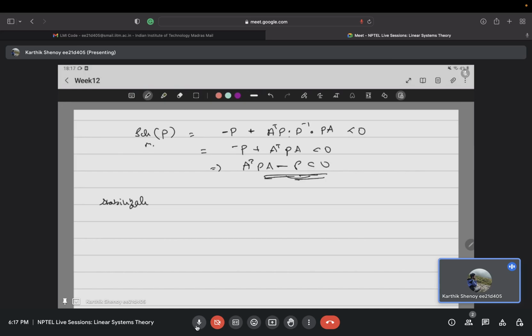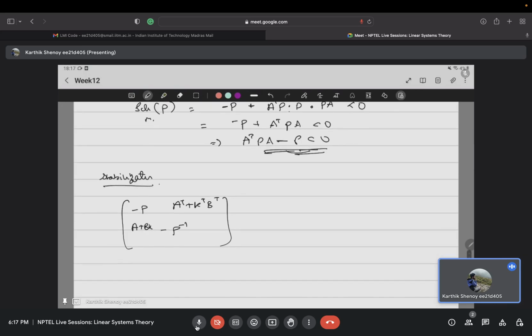Now, for the stabilization problem, again you have to find a K. We can write in terms of the Schur complement, minus P inverse, A transpose plus K transpose, okay, A plus BK. Now this is not an LMI. Even if you say minus P is less than 0, this implies P is greater than 0.